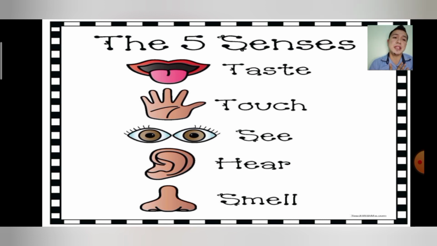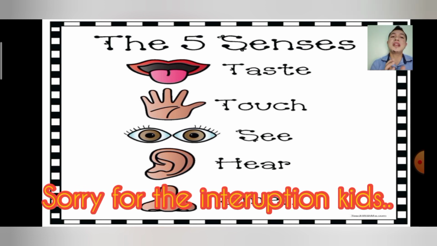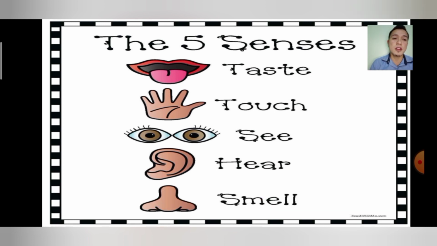You can see me. You can watch me in the video because you are using the sense of sight, which is our eyes. And number four, we have our ears. We use them for hearing things. You are listening to me, you are listening to music, you are listening to your mom and dad because of our sense of hearing, which is our ears.